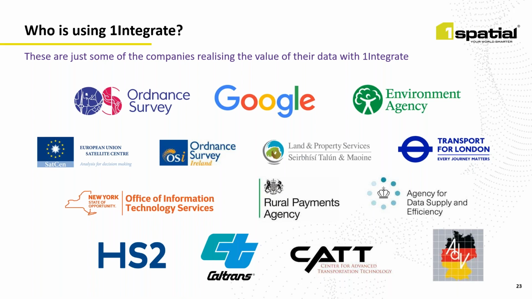It's really important to them that they ensure the quality of that data so that the customers using it can trust it and know that decisions they're making based on that data are accurate and correct. We've got environment agencies. There's lots of companies across government, across transport sectors, and across the utility sectors, all utilizing 1Integrate and the one spatial platform to ensure that their data is maintained at a quality level.